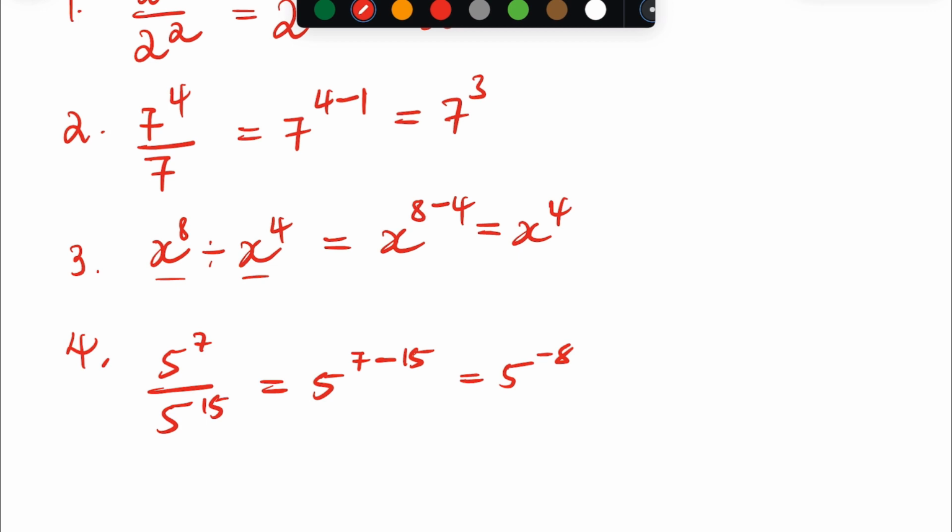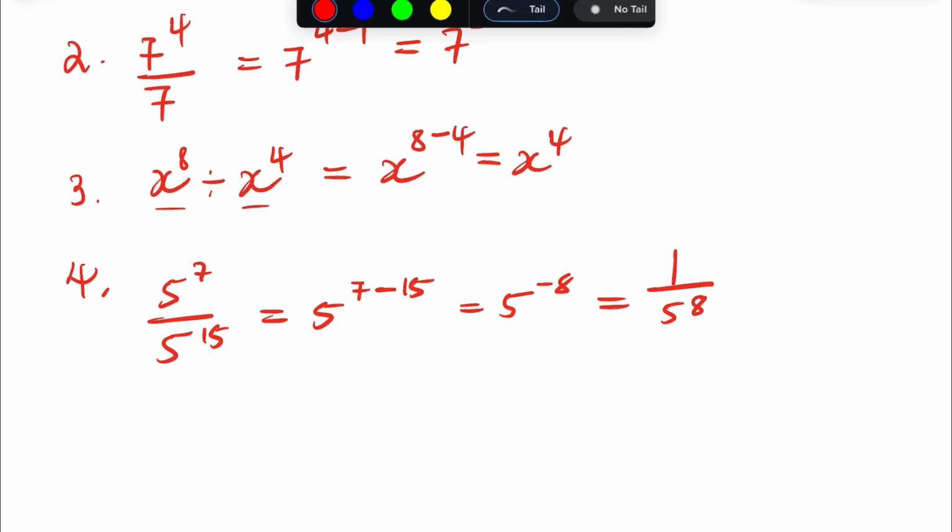So you don't leave it like that. You say 1 divided by 5 to the power 8. You don't put the negative there. This happens, guys, if the bottom power is bigger than the top power. So if your answer is negative, you don't leave it like that. You have to say 1 divided by this exponent, but the power is positive.